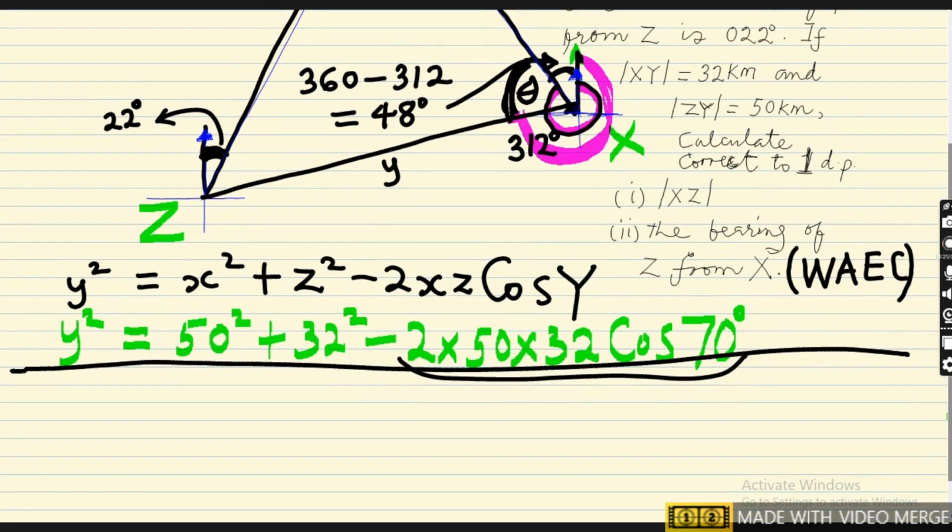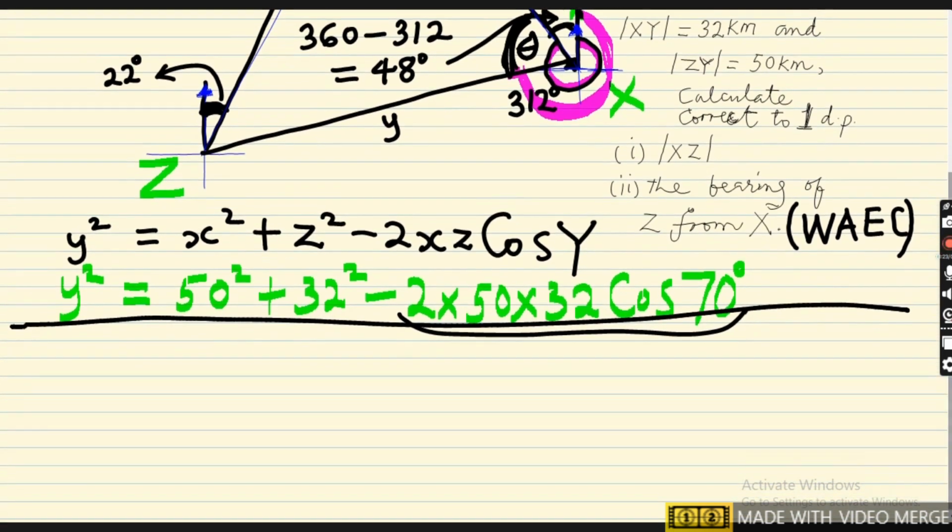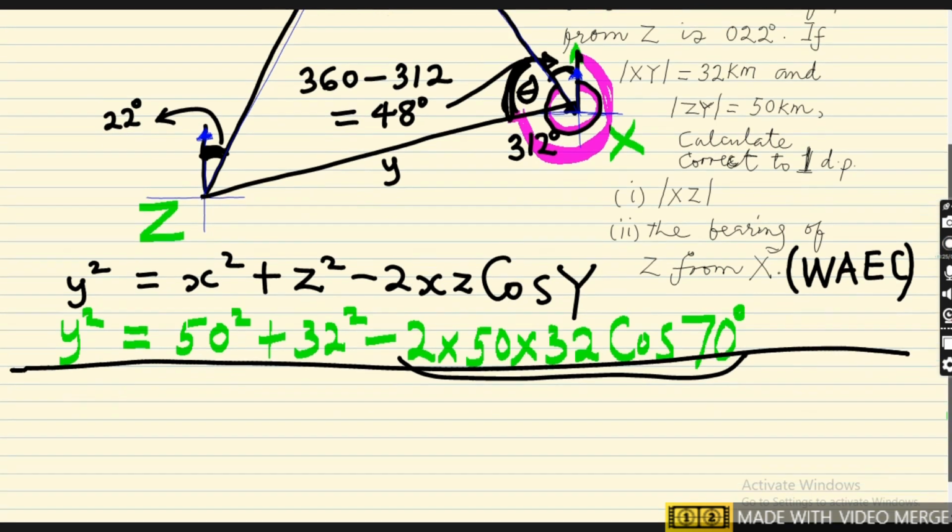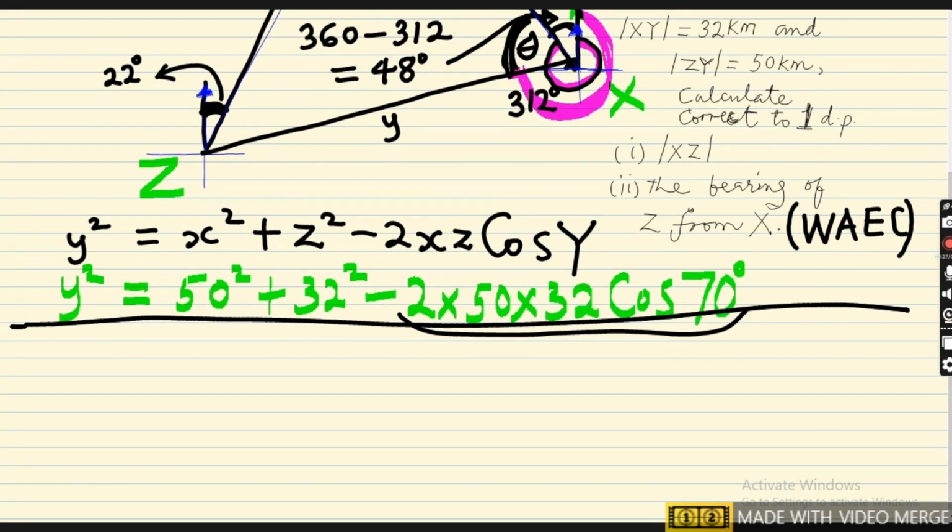Using our sine rule, from the triangle we have that y over sine capital Y, we can simply say maybe sine 70 degrees over 49.29.